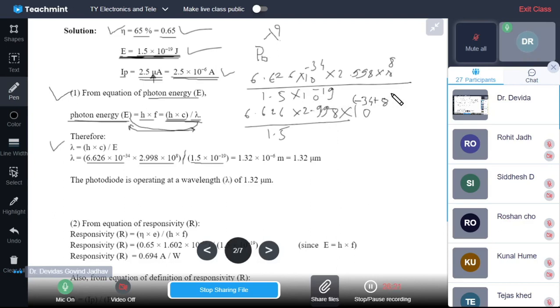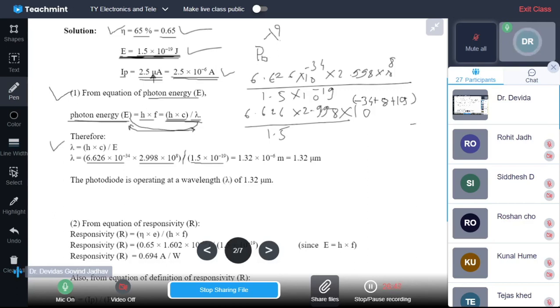When it goes into the numerator, it becomes plus 19. So the simplification is 10 raised to minus 34 plus 8 plus 19. Plus 8 plus 19 is plus 27.